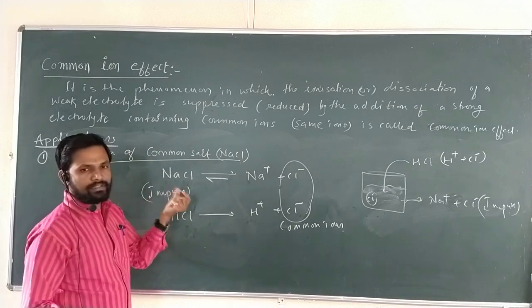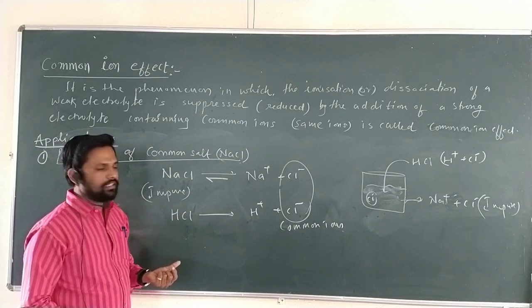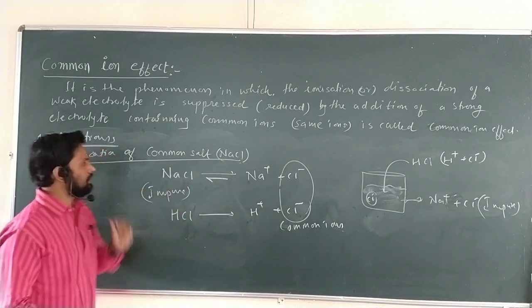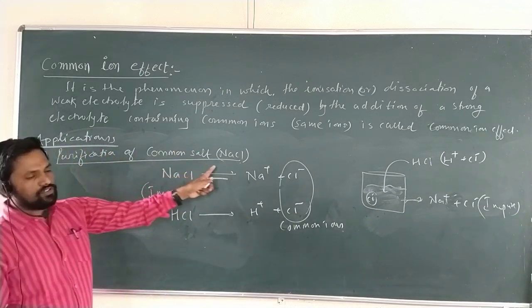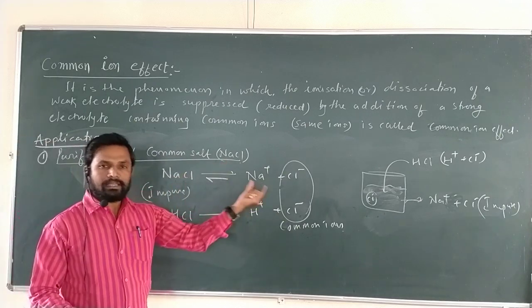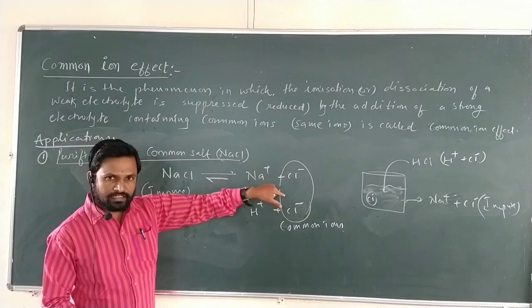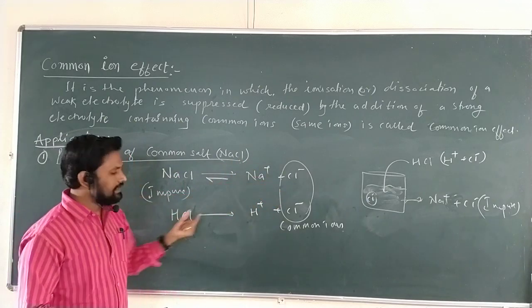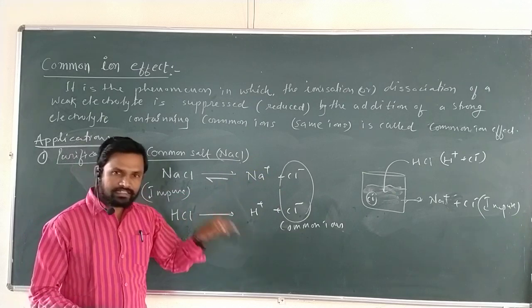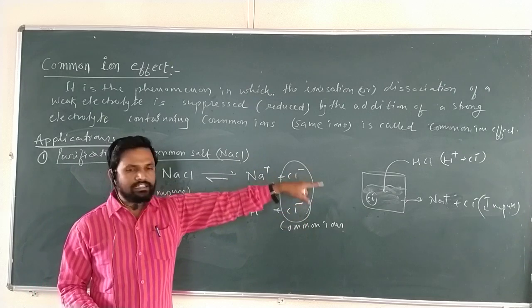This means NaCl can be purified and obtained in a solid form. This is one of the applications: purification of a common salt, NaCl, in a saturated solution of impure NaCl. Very simple. In a saturated solution of impure NaCl, pure HCl containing Cl negative as a common ion is added into the solution.